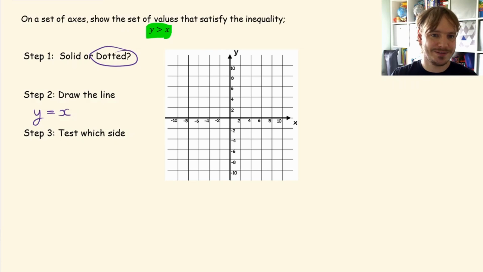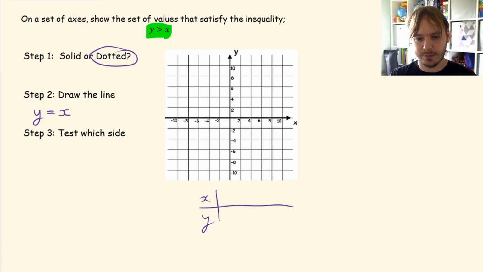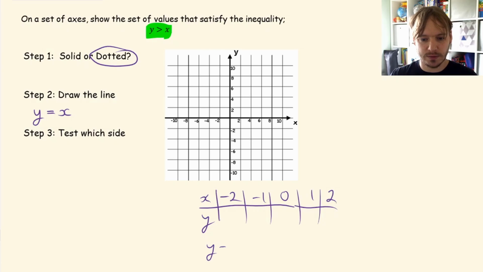Well, there's a handful of different ways of doing that. You might prefer to draw a table of values, maybe from -2 up to 2, and find your y values. You might recognize this in the form y equals mx plus c and find your gradient and y-intercept and draw it that way.